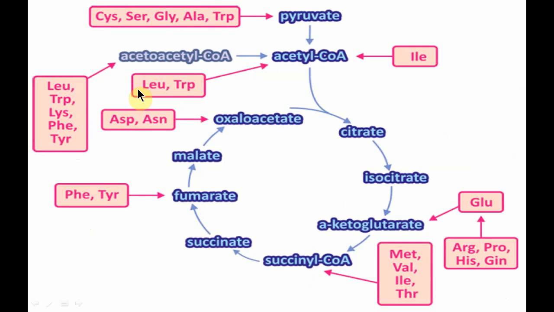Various amino acids under catabolism enter into the main oxidative pathways, glycolysis and the TCA cycle. One point to be noted is that phenylalanine and tyrosine can form acetoacetyl coenzyme A and acetyl coenzyme A, which is helpful for the synthesis of ketone bodies. Phenylalanine and tyrosine also form fumarate, which enters the TCA cycle and also helps to form glucose. So they are termed glucogenic as well as ketogenic amino acids.